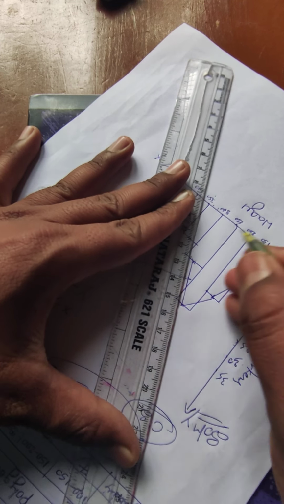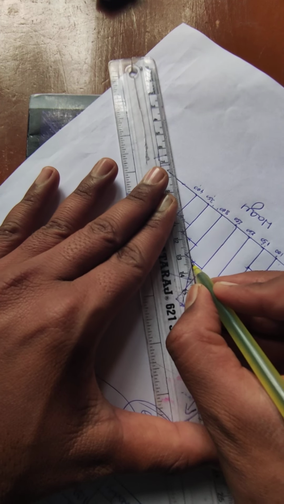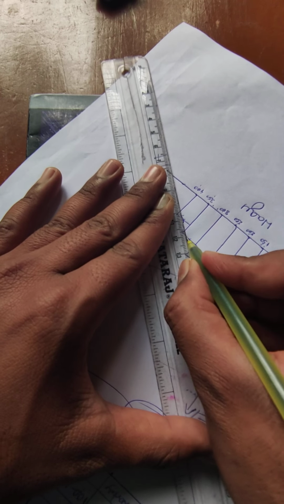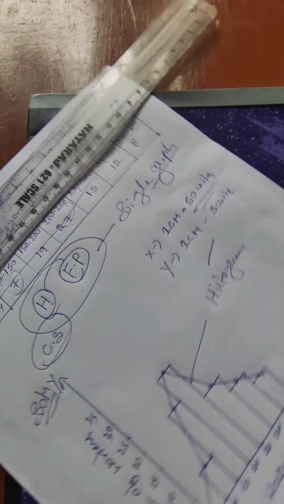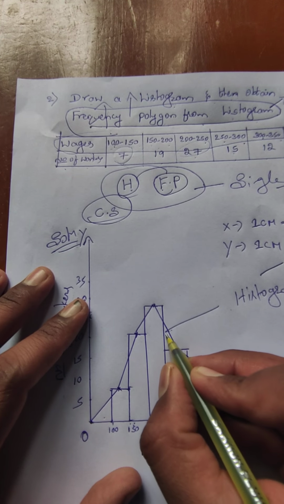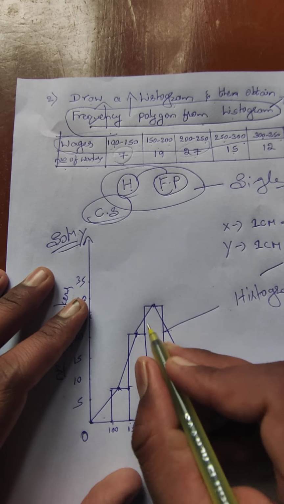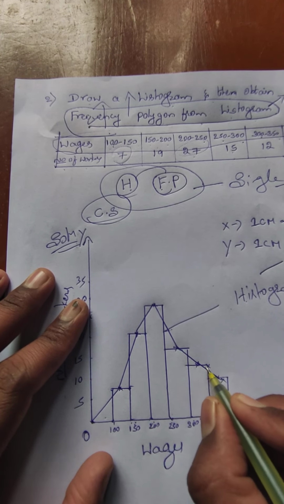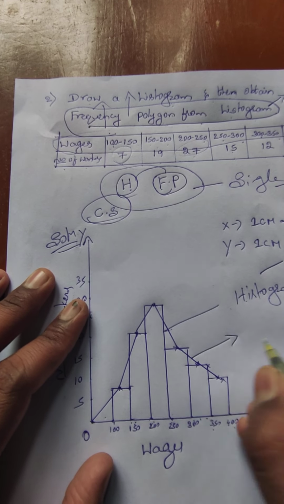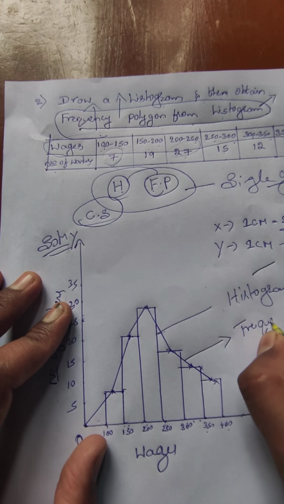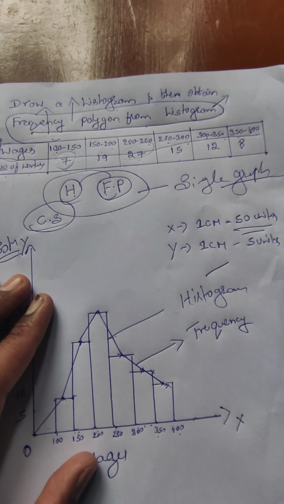When we have identified the histogram, it's very easy to draw the frequency polygon. Okay students, that's it. The rectangular bar diagram is called a histogram, and the dark line is called the frequency polygon.